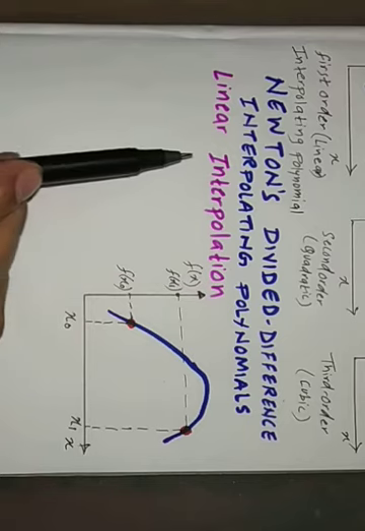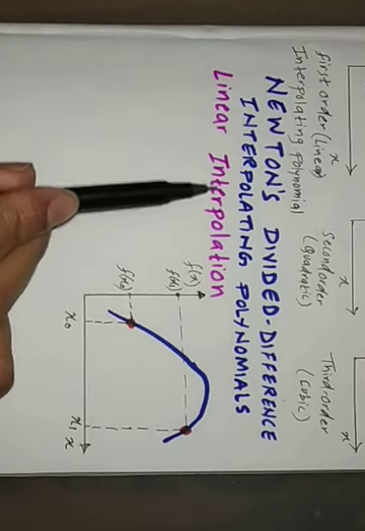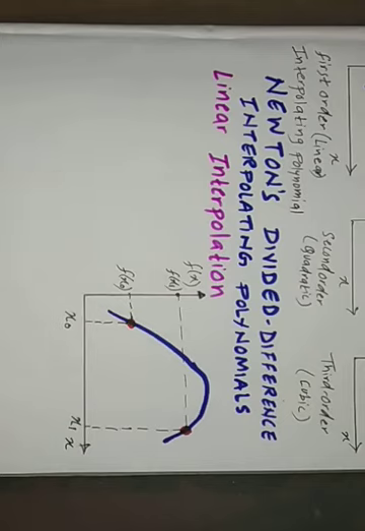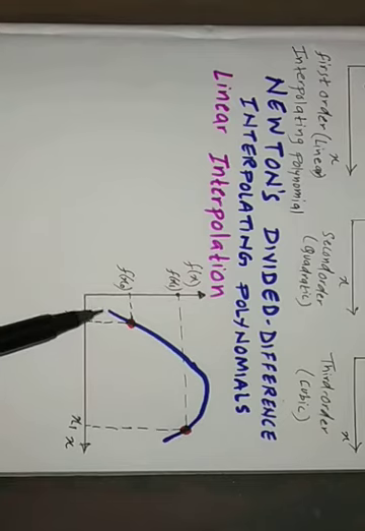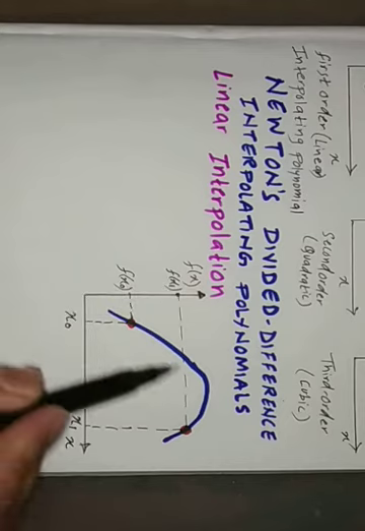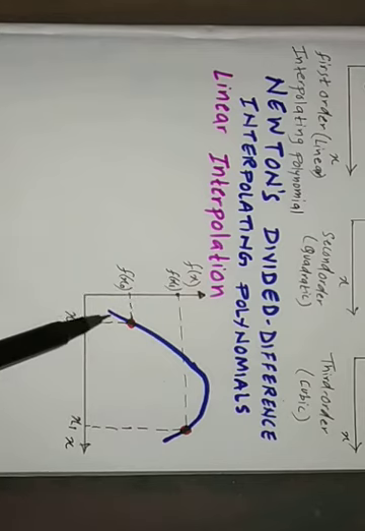Next we'll see Newton's divided difference interpolating polynomial, and in that we'll see linear interpolation. Now let us assume that we have one function which is varying with respect to x.